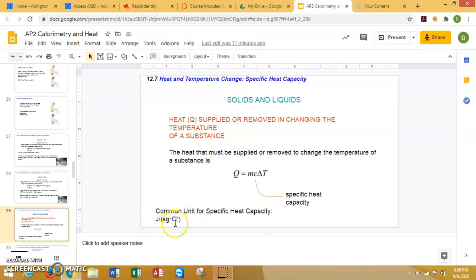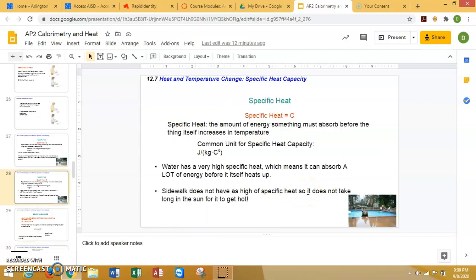Usually it's this, and they're using Celsius for temperature. M is mass, C is the specific heat capacity, which is what we're talking about, specific heat, right? So just think about water and how it feels good to be in a pool because it has a very high specific heat. So it can absorb a whole lot of energy before it gets hot.